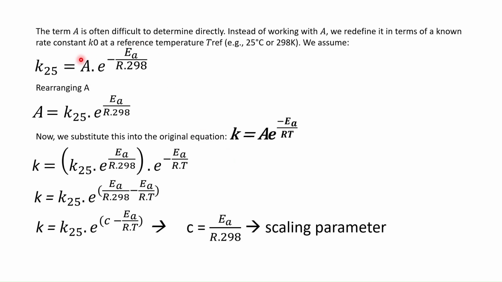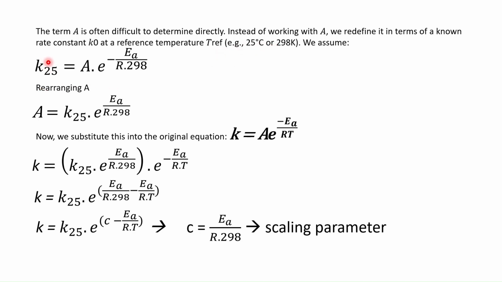In order to avoid the A term, because it is often very difficult to determine directly, we do a process called normalization, where A is redefined in terms of a known rate constant at a reference temperature, T ref. Here we take the reference temperature as 25 degrees Celsius, or 298 Kelvin.